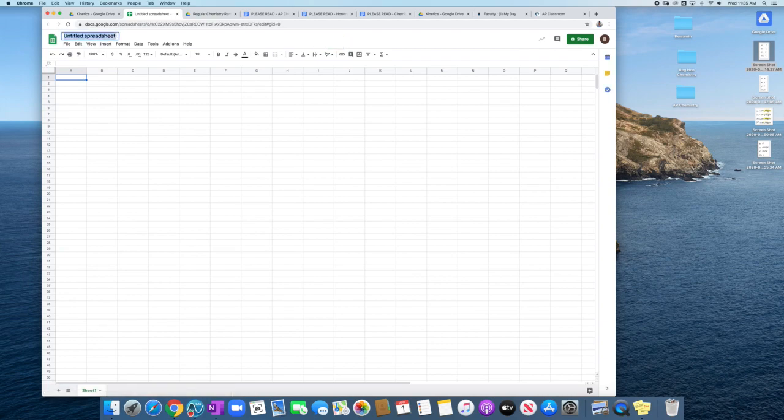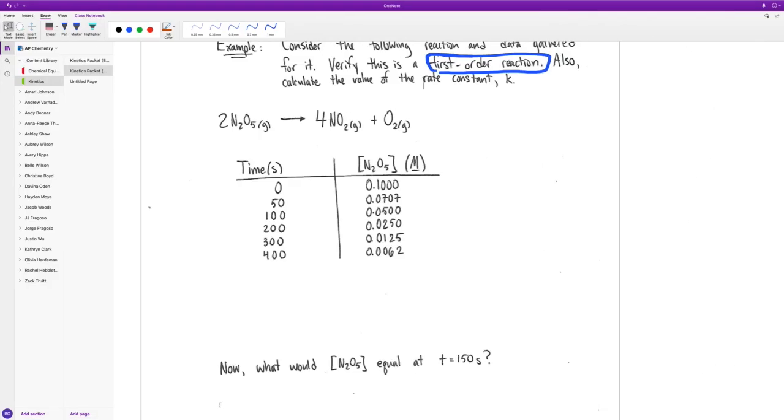And I'll call this N2O5 decomposition, because that's the reaction we're looking at here. N2O5. It says 2 N2O5s, and we're basically trying to determine or verify that it's actually a first order reaction.